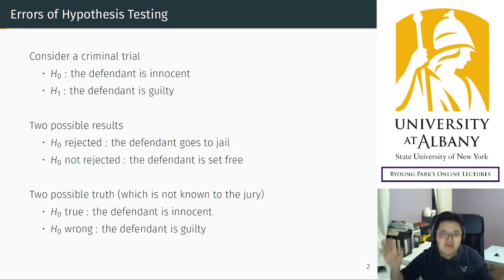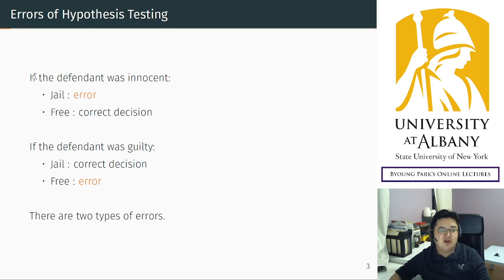It is never known in reality, but we are going to consider that to analyze the accuracy of testing, right? So the truth here is a purely imaginary, hypothetical assumption, but we can think about them. So let's think about case by case.